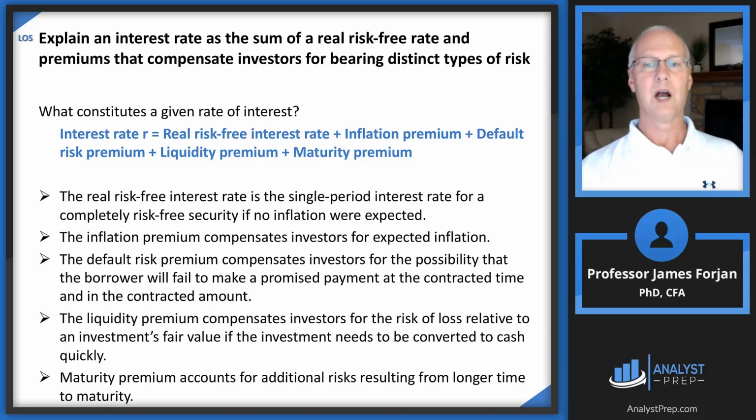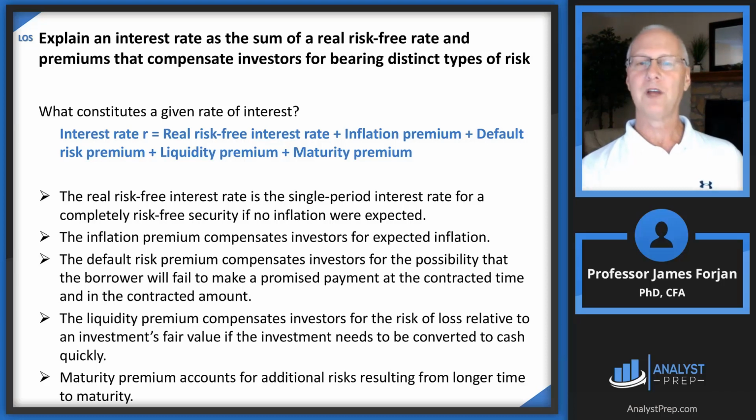There also has to be compensation for default. There are multiple examples out there, but let's take 2 that are personal in my family. I'm 57 years old. If I came to you and said, I want to borrow $100 for a year, you may pick an interest rate, let's say 5 or 6%, and that will depend on the likelihood that I'm going to repay that loan, the default risk premium.